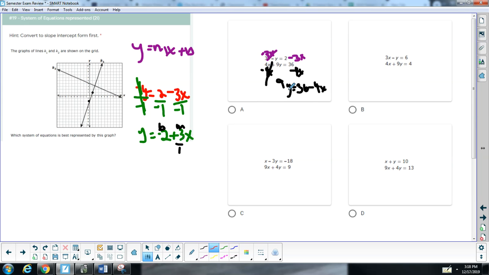Then my next step to get the y by itself, I'm going to divide everything by 9. On the left, those divide out to a 1, so we just have a y. 36 divided by 9 is a 4. Negative 4 divided by 9 would be a negative 4 over 9 x.